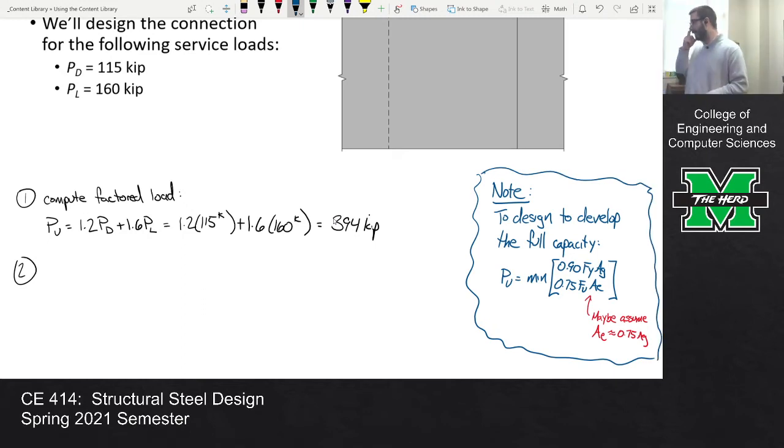Just something to think about. It's not that hard. Again, the idea is that if you've designed that connection to withstand that load, you know that the member will fail before the connection does. Okay, so compute the factored load.